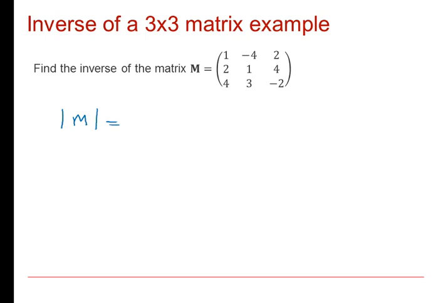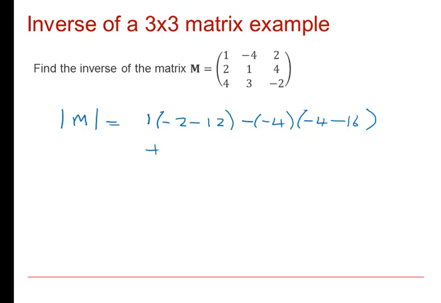So it will be 1 times that determinant of -2 minus 12. Obviously we did the details of how to find a determinant in the previous video. We're then doing a minus 4 using the signs from the sign matrix, and that determinant will be -4 minus 16.